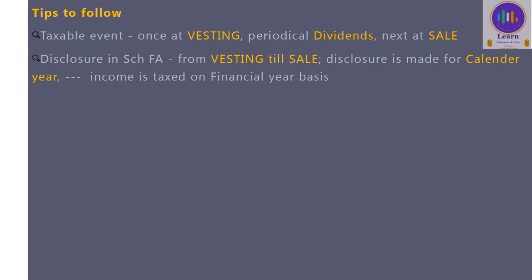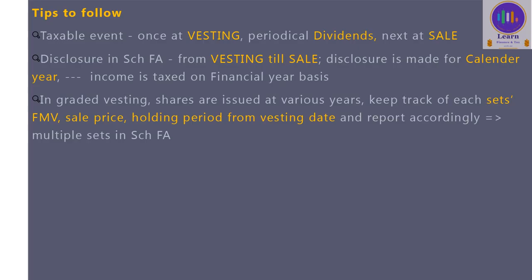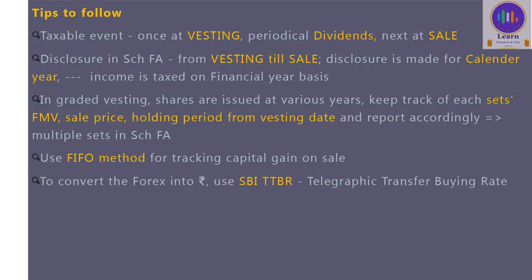In graded vesting, shares are issued in various years. So keep track of each set of fair market value, sale price, and holding period, and report accordingly. Use the FIFO method to track capital gain. To convert forex into INR, use SBI TTBR.